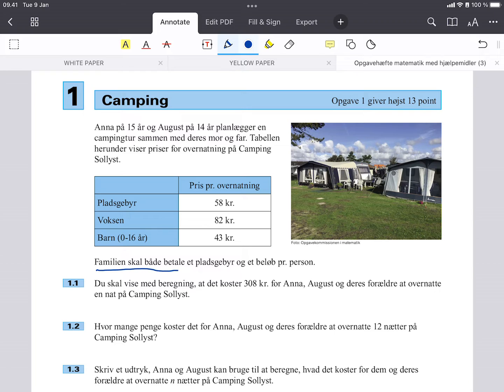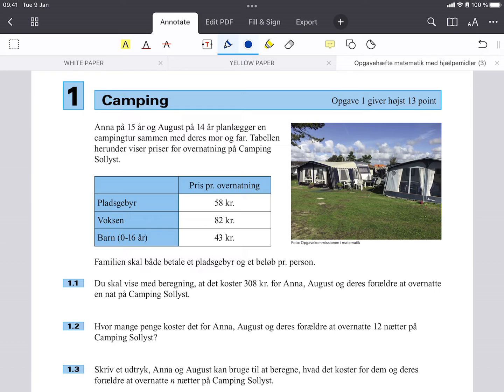The family has to pay both a Pladsgebühr and an amount per person. So you have to show with a calculation that it costs 308 kroner for Anna, August and their parents to stay overnight for 1 night at Camping Sollust.